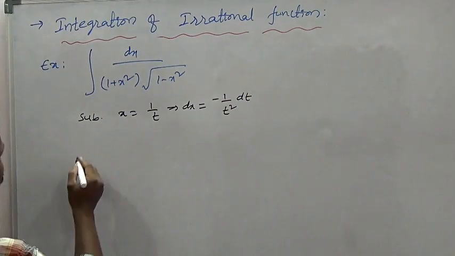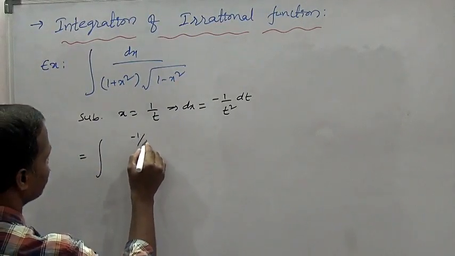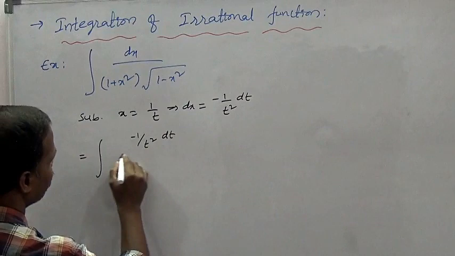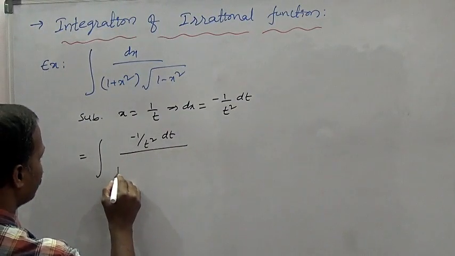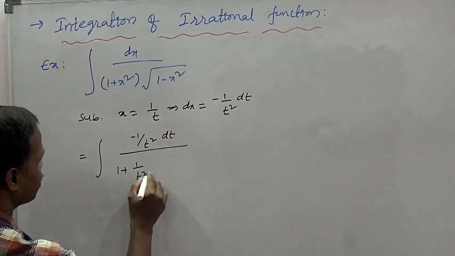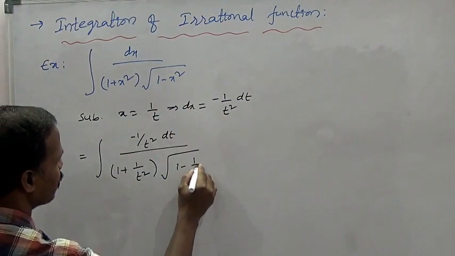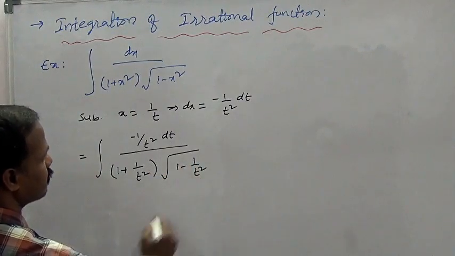Now the problem becomes integral of minus 1 by t square dt by 1 plus 1 by t square, square root of 1 minus 1 by t square.